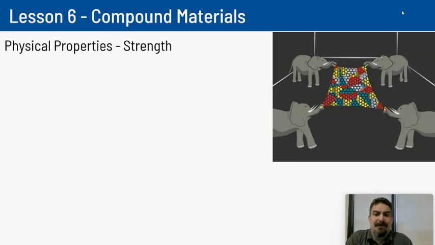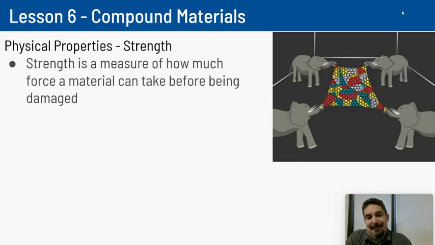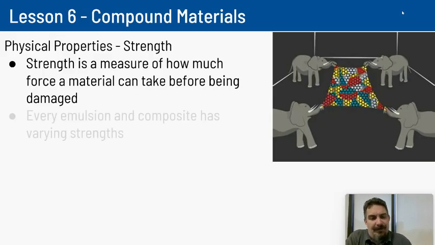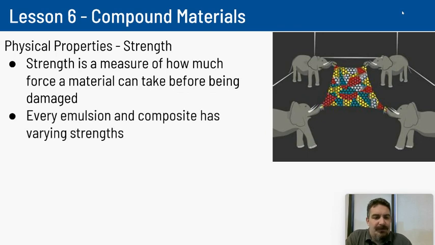The next property we're talking about is strength. Some elephants pulling on an object in this little picture here. It's a measure of how much force, right? How much pulling or pushing or messing with the material it can take before it is damaged, before something is changed about it. Now, every emulsion and composite has varying strengths because strengths work in all the different ways you can affect an object. Compressing it, stretching it, twisting it.